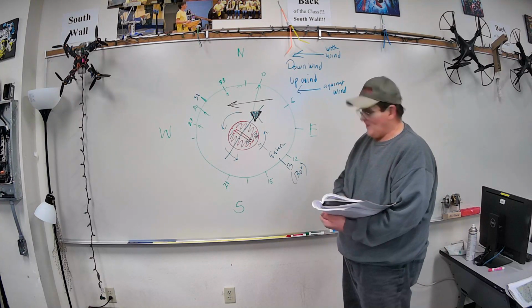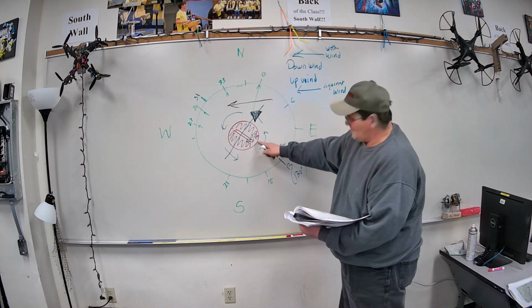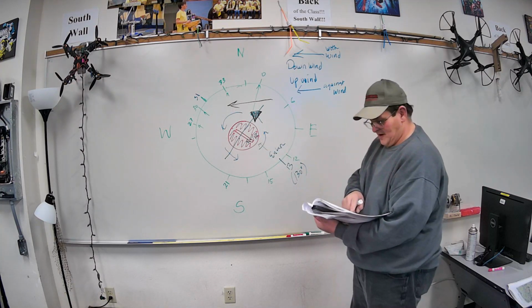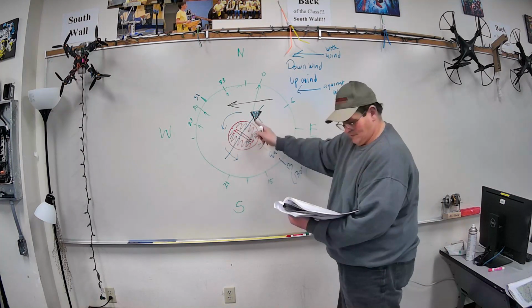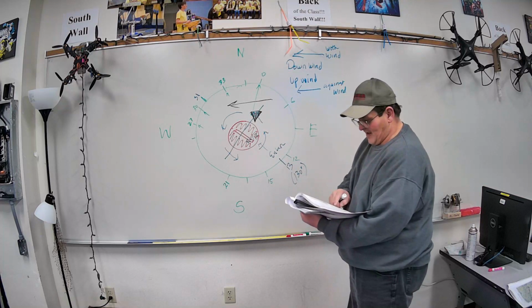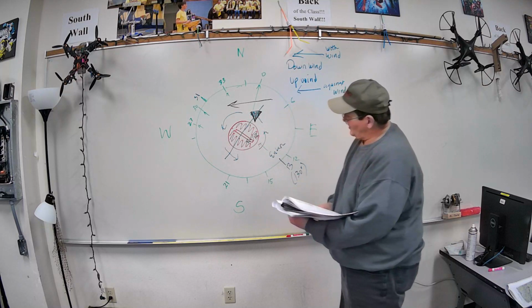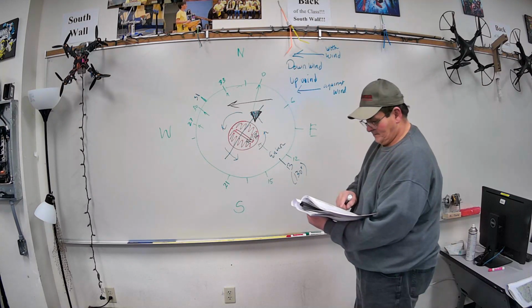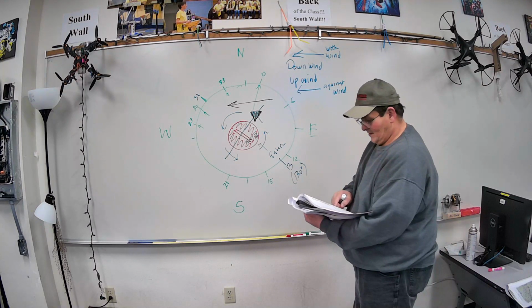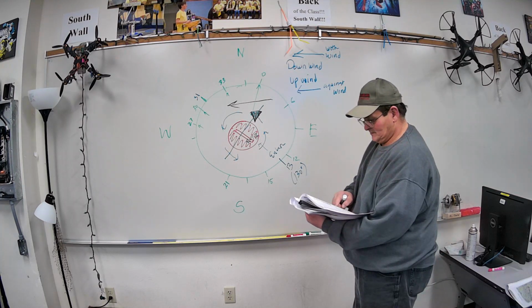So he's midfield, and here's runway 13. What does it say? He's midfield, left downwind. So the airport is left of him, to runway 13.